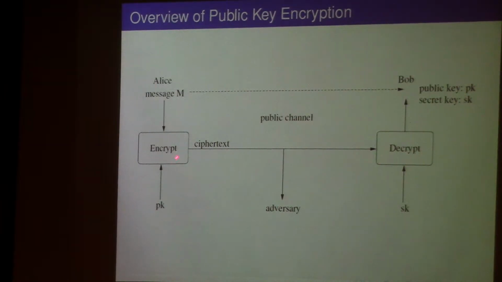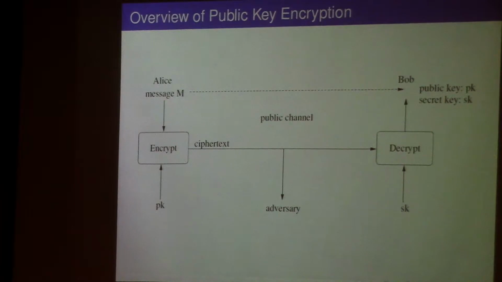Now, this encryption and decryption are parameterized by keys, a PK and an SK. In the conventional model of cryptography, the symmetric key crypto system, these two would be the same and both would be secret.